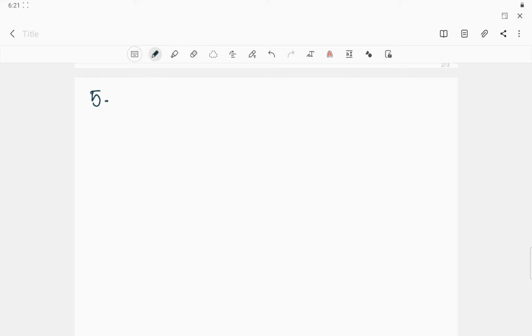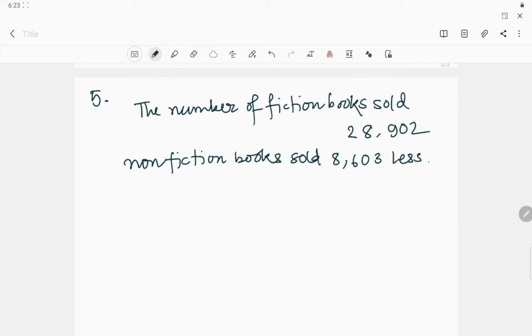Because we have to find the remaining part, you have to do subtraction. The number of fiction books sold is 28,902 and non-fiction books sold is 8,603 less than the fiction books.